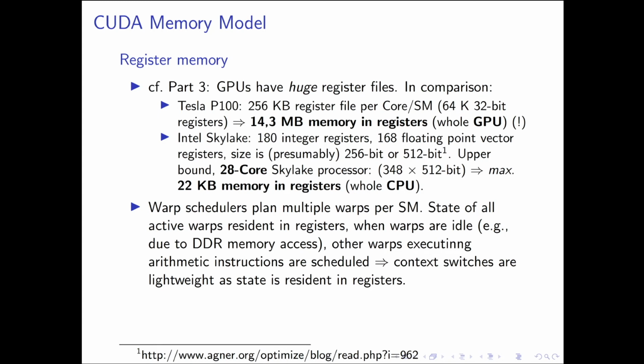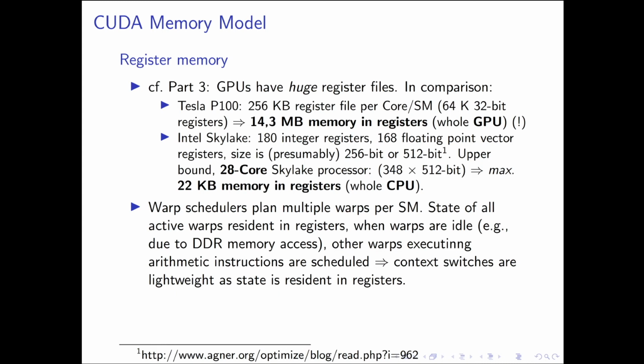As the architecture, if I remember correctly, supported AVX and not the AVX-512 SIMD instruction set, it was a bit opaque what the actual size of those registers was. So I just estimated an upper bound for the actual register memory, and came up with a maximum of 22 kilobytes. So there are about 3 orders of magnitude between register memory size on the CPU and on the GPU.